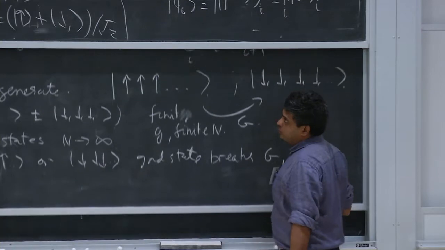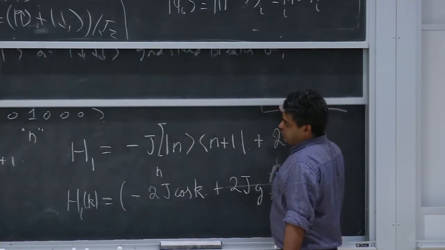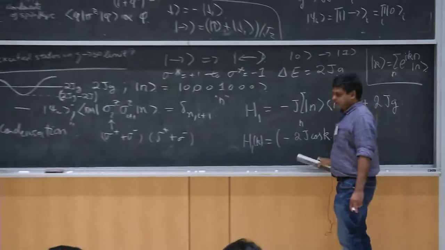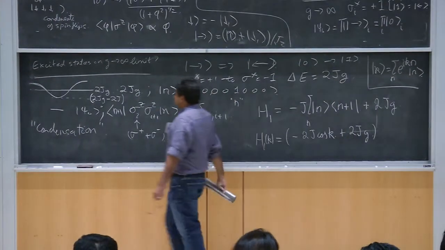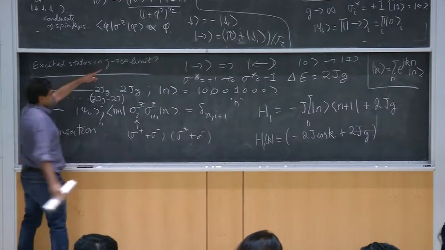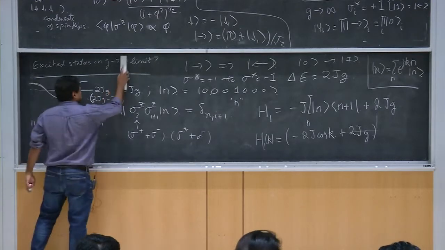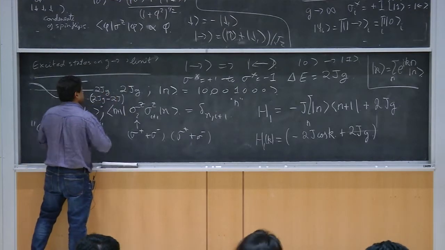So now let's try to do the whole thing in a different way, which is actually the dual picture, and you'll see that it's very analogous. We talked about the excited states in the G to infinity limit. Let me do the same thing, but in the G going to 0 limit. So let's repeat this problem.